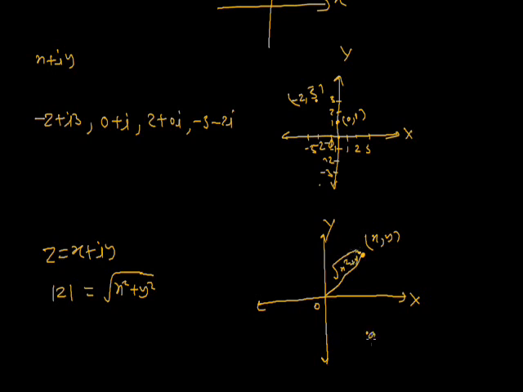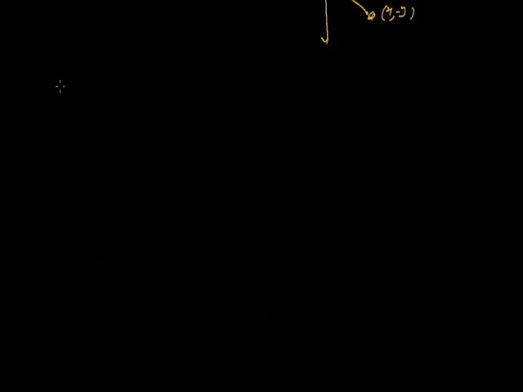Similarly, point Q is the mirror image of the point, x comma minus y, and the distance OQ is also under root x square plus y square. Now in the Argand plane, we can say the x-axis is the real axis, or the real part of a complex number can be plotted on the x-axis.